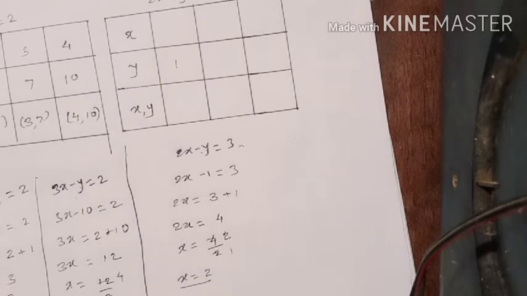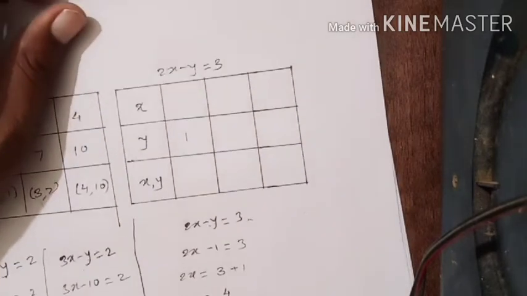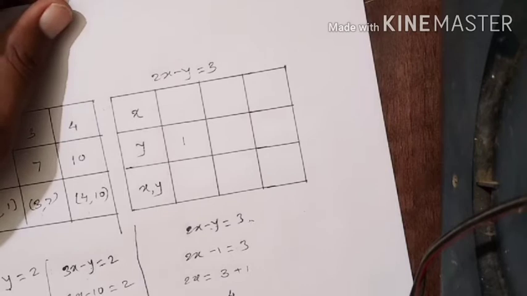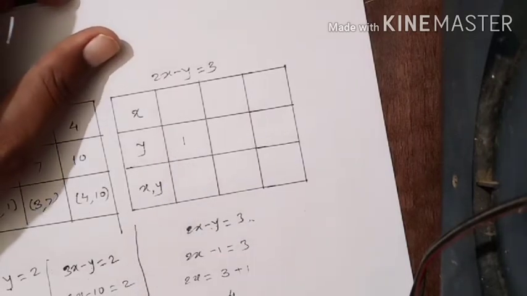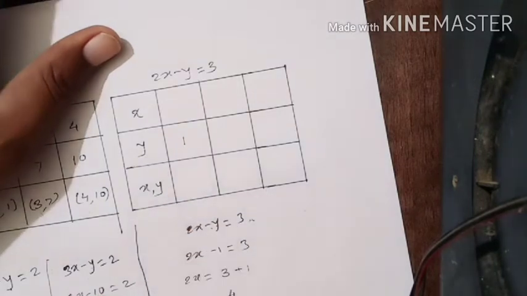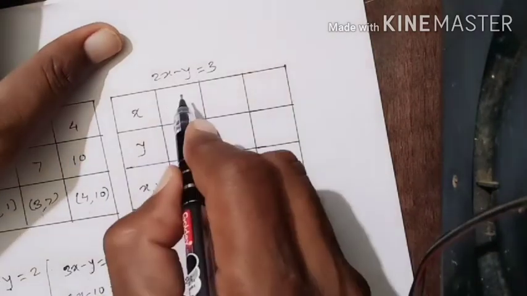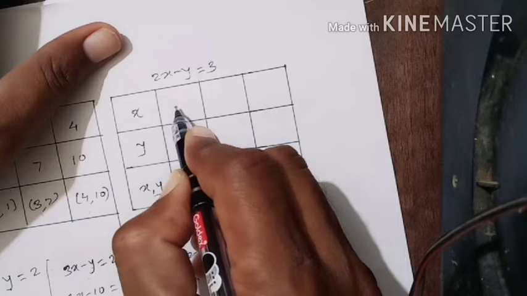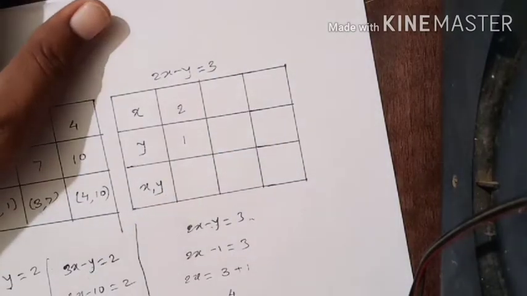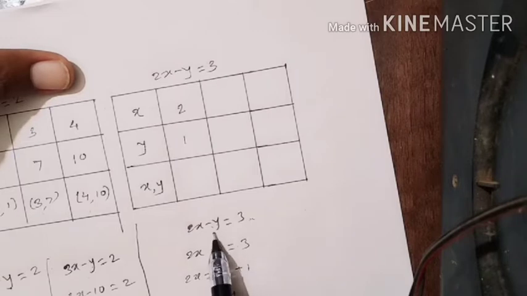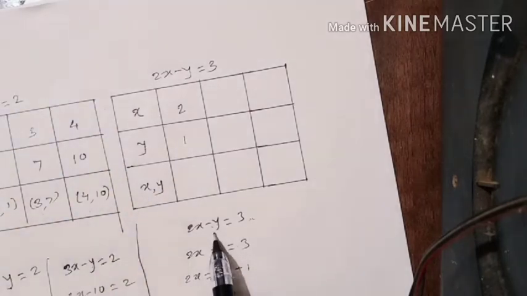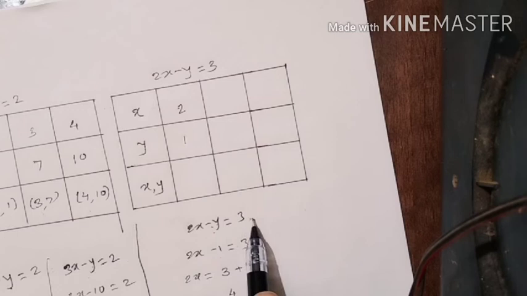It is a solution of the equation. If y is equal to 1, then x is equal to 2. I will write the value of x in the box here. Here is a 2.